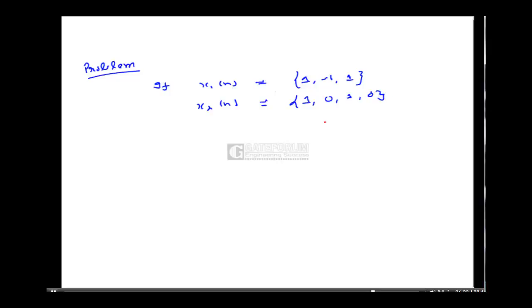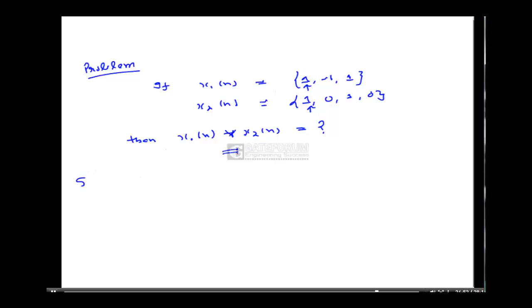Okay. 0th point of this is here, 0th point of this is here. Then x1 of n convolved with x2 of n is equal to question mark. We have to find this value.